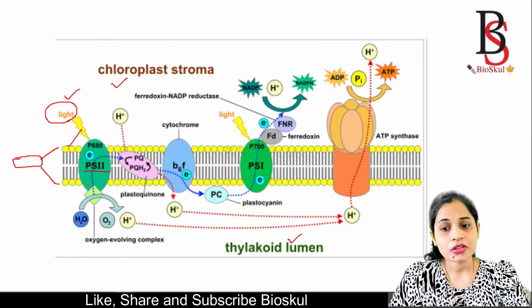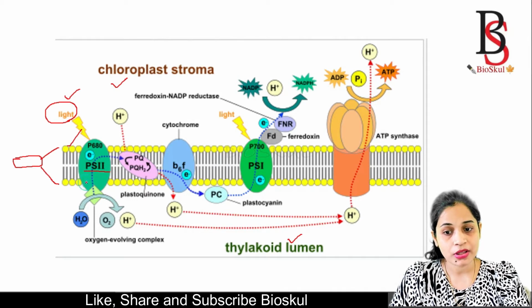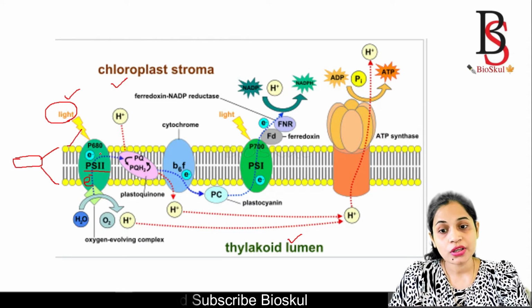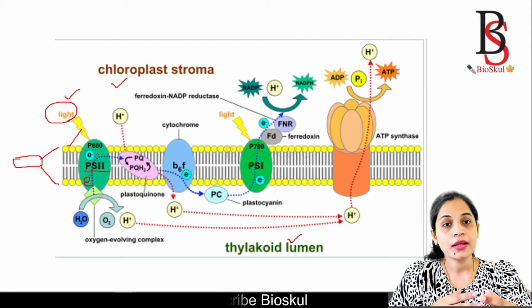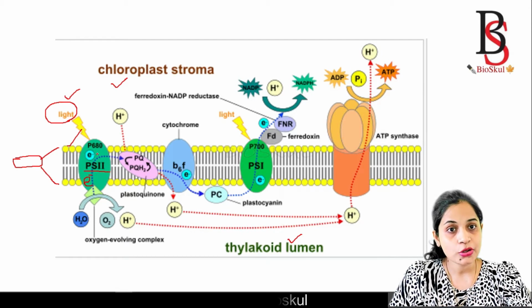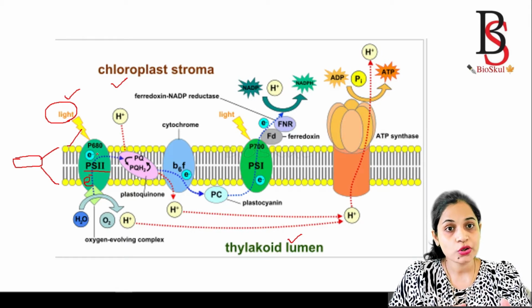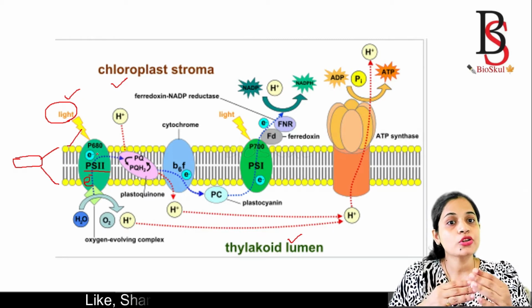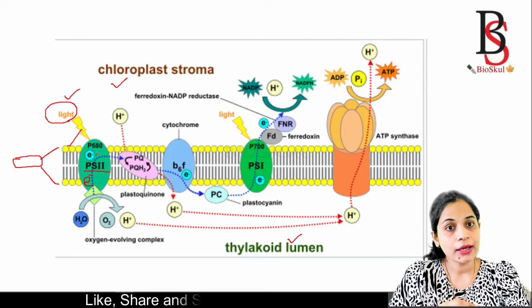After receiving the photon from the light, the electron becomes excited. When that electron becomes excited, it moves to the first electron acceptor. If there is no electron acceptor, what normally happens? The electron moves back to the ground state.